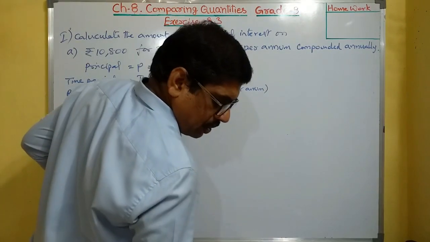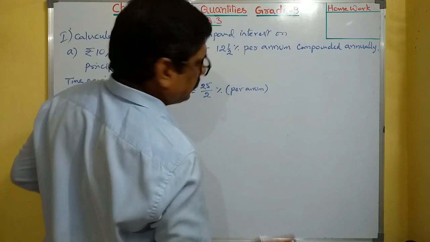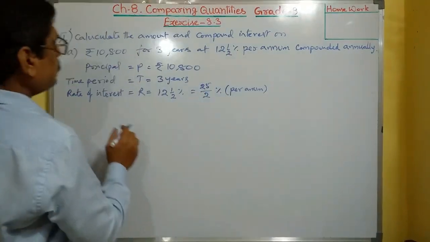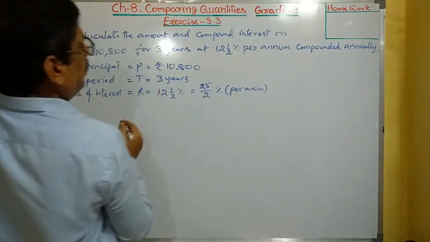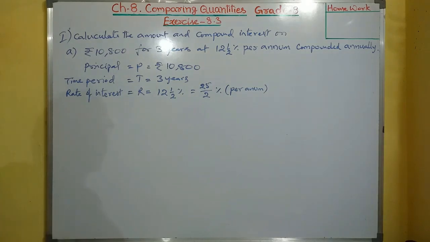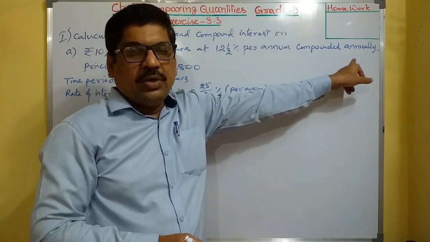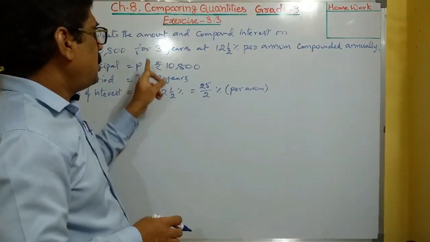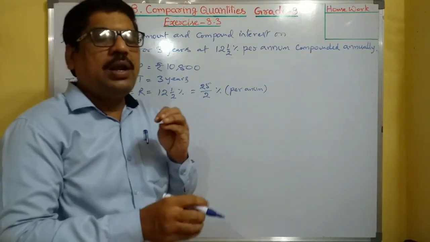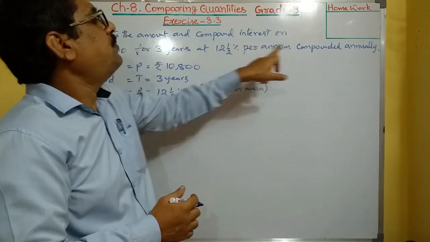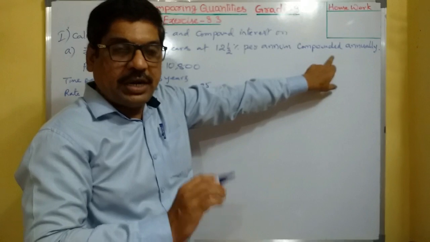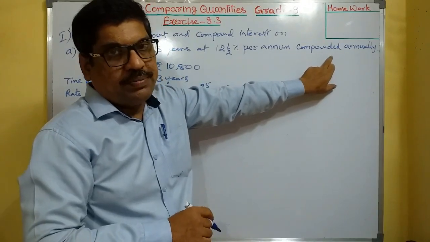Okay, now we have P, T, R also. Now here it is compounded annually, so there will be no change. If it is not compounded annually, we will change the rate of interest; that I will tell you in the next problem.